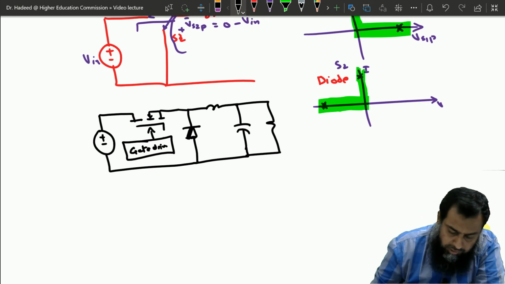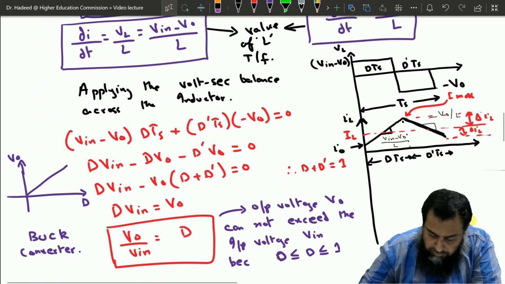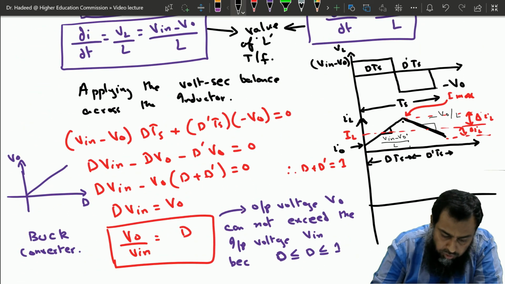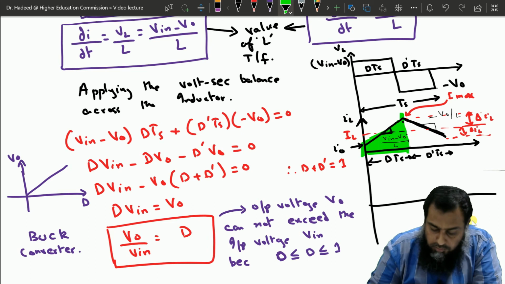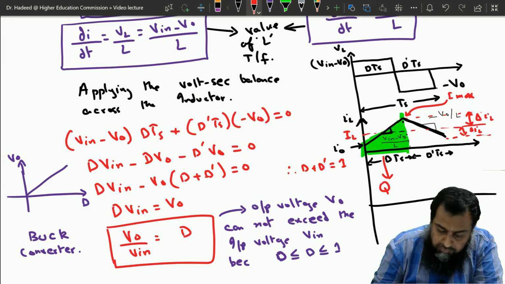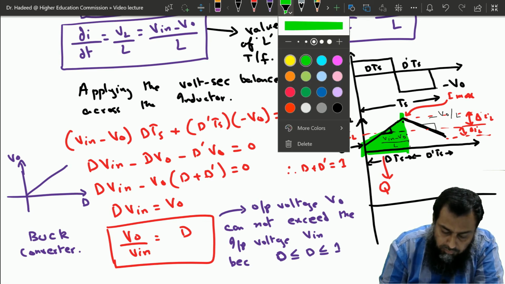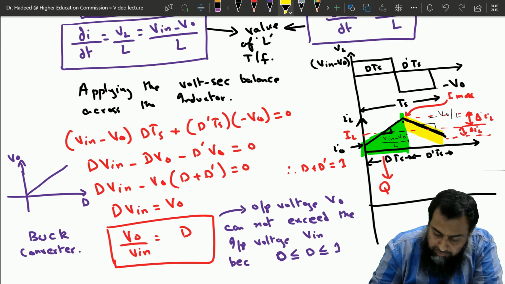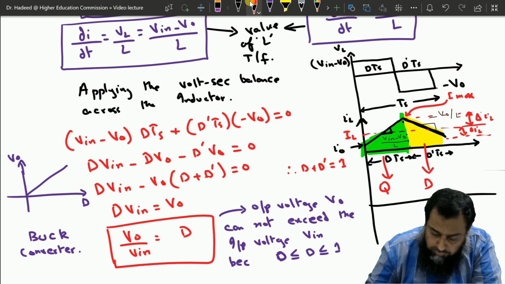For a given converter, when we have the switch in position number 1, this portion of the inductor current flows through the MOSFET or the IGBT Q. The rest of the time, D-TS, this BJT is off, and therefore this current is tackled by the diode D, and both of them have to cater for the maximum current I maximum.